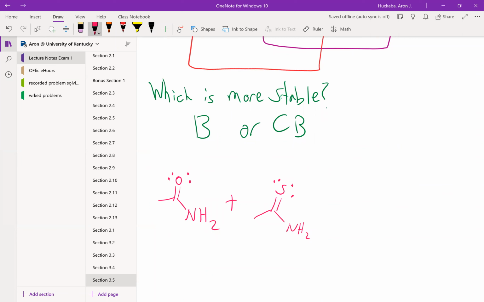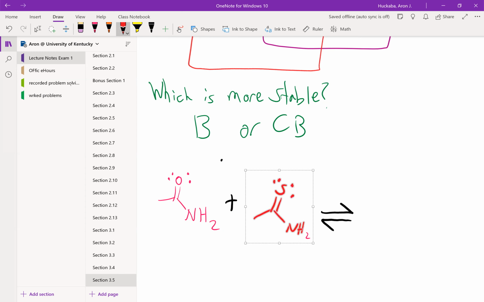There's a very similar question like this in your book. Right. So here we have some equilibrium. There we are. And let's make this one red. There we go. Okay.